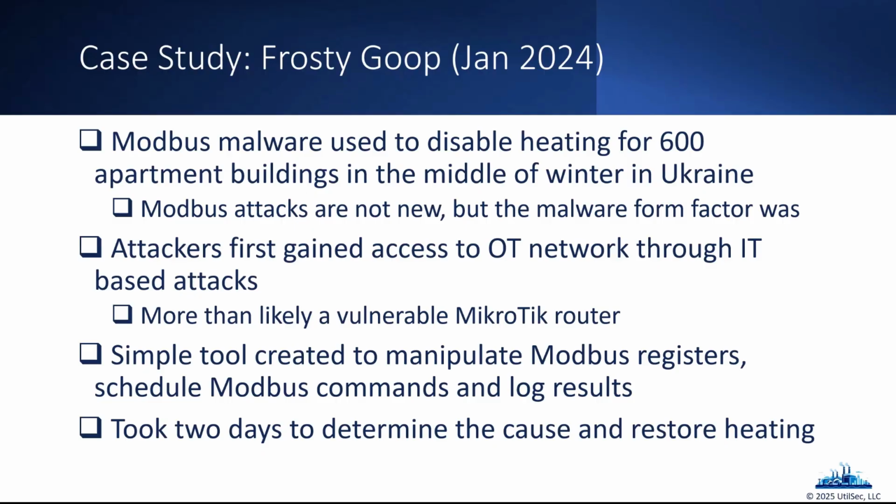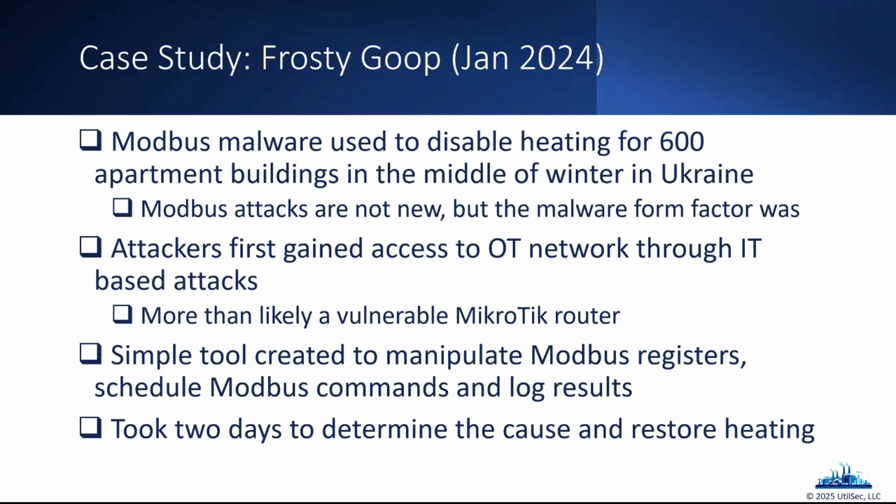So once they were able to reverse engineer the process to understand how the controller worked to in turn control the heating in those 600 apartment buildings, they could use a very simple tool, which we can see later on that we're going to rewrite in ChatGPT in just a few minutes.